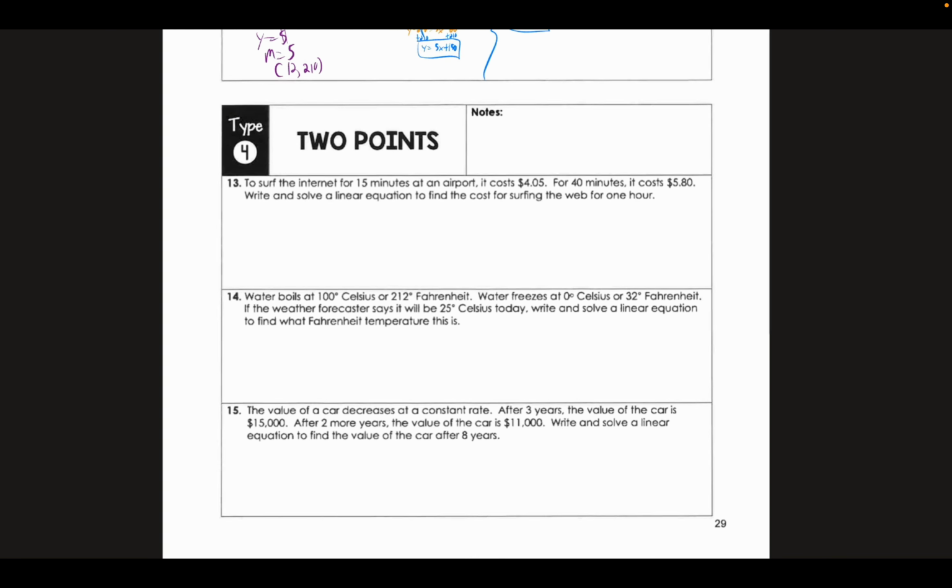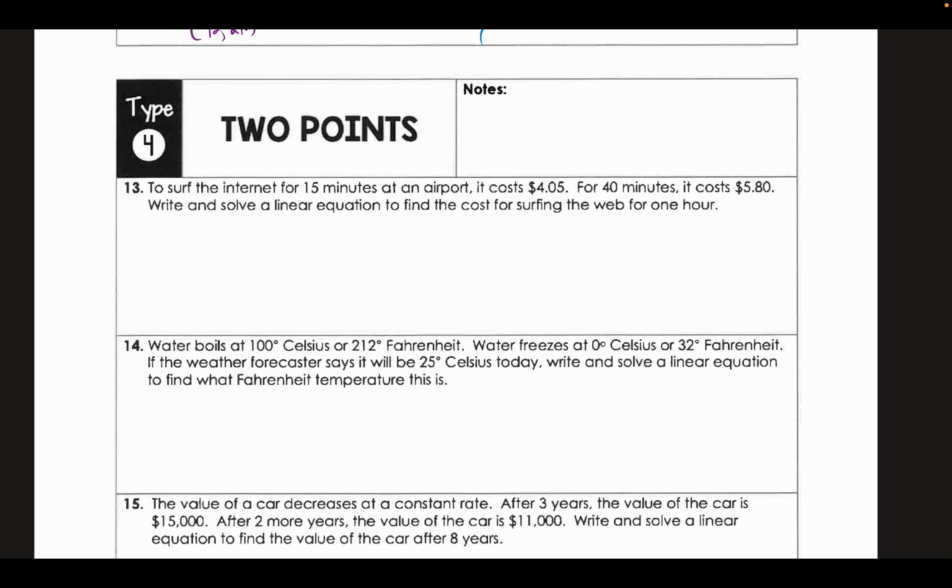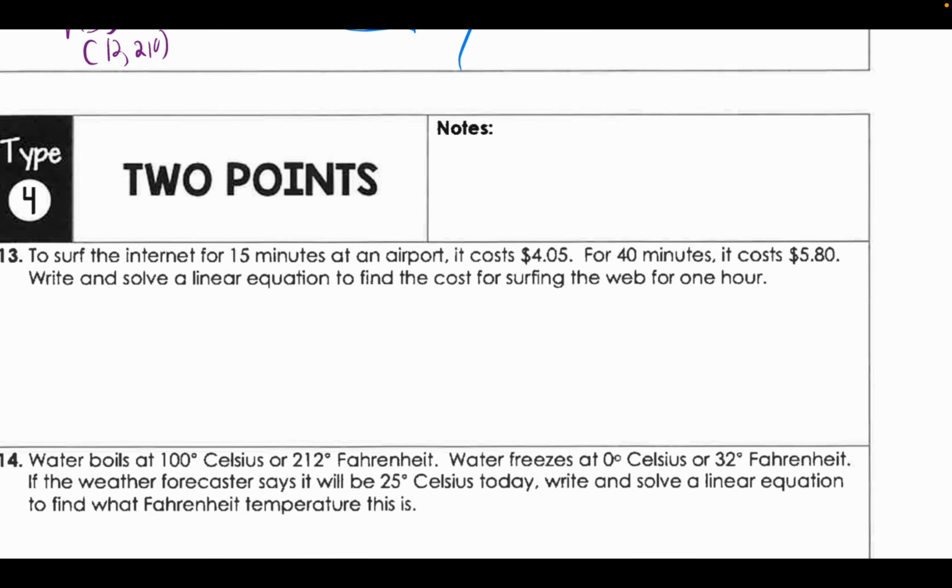Now I'll move on to type 4 here, where we're talking about 2 points. And this is when you're given 2 points, that would be an x1, y1, and x2, y2, and we'll also be using point slope form here. So we use this when the problem gives 2 sample points as opposed to 1 sample point like last time, and the slope.